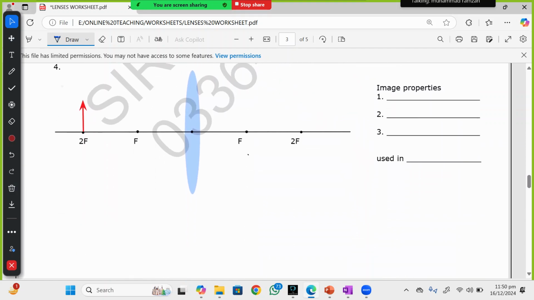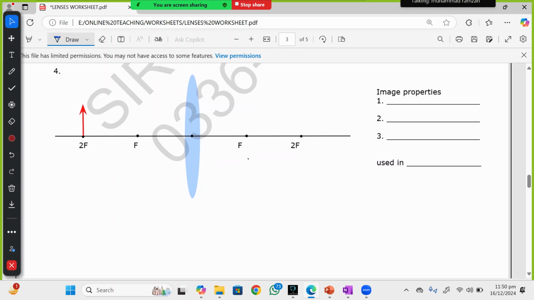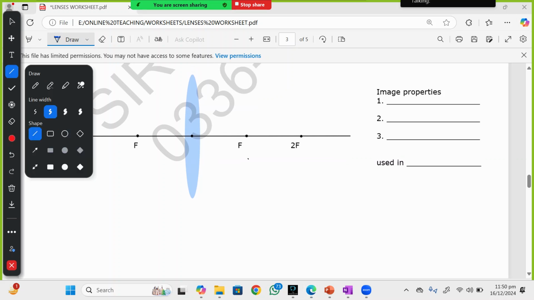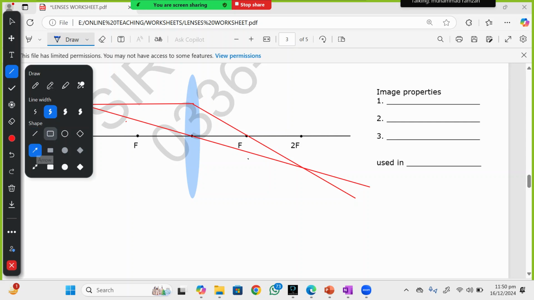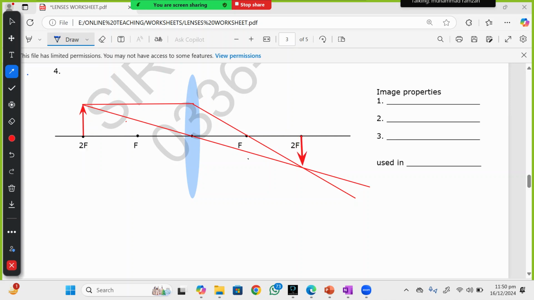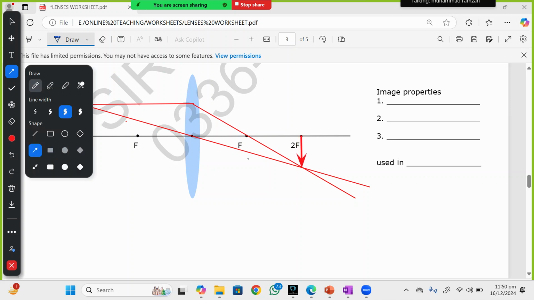Case number four. Now the object is placed exactly at 2f. The ray which is parallel to the principal axis would pass through the focal. The ray which is passing through the optical center would go straight undeviated. The point where the rays meet is where the image is formed or cast.